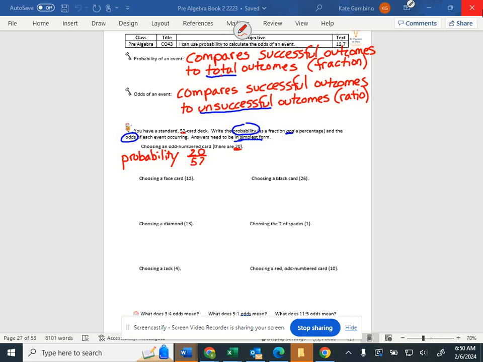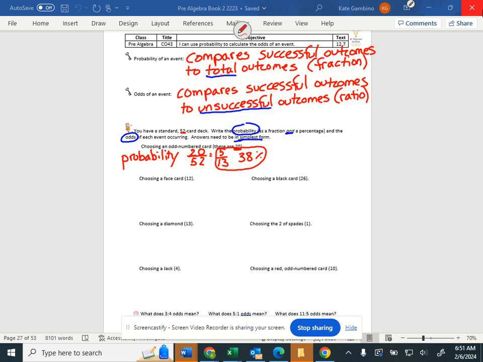There are 52 cards total. So 20 out of 52. We want to simplify that. I can divide a 4 out. So that would be 5/13. So my simplified fraction is 5/13. I need to turn that into a percentage. 5 divided by 13 gives me 38%. So for the probability, we have 5/13, which is 38%.